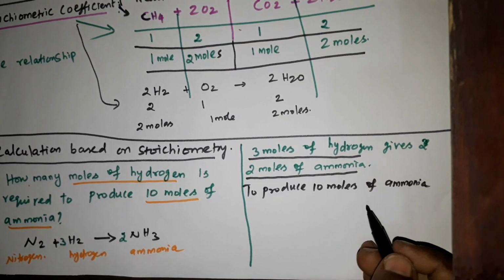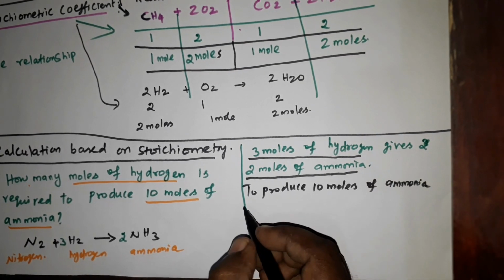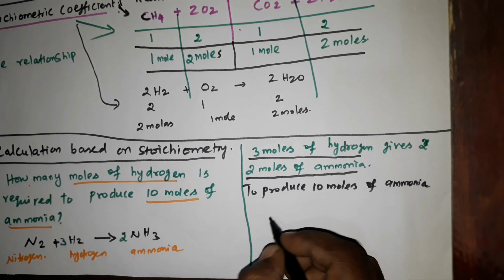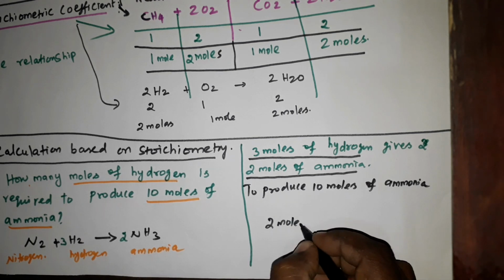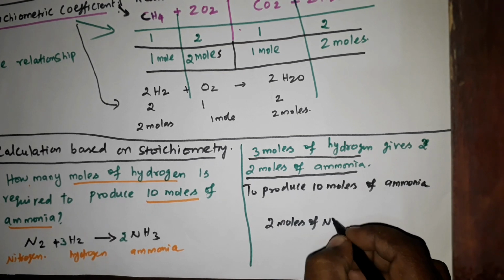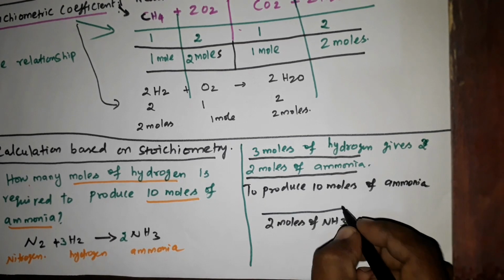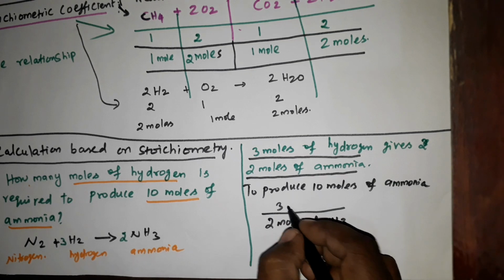so to produce 2 moles of ammonia, NH3, we require 3 moles of hydrogen.